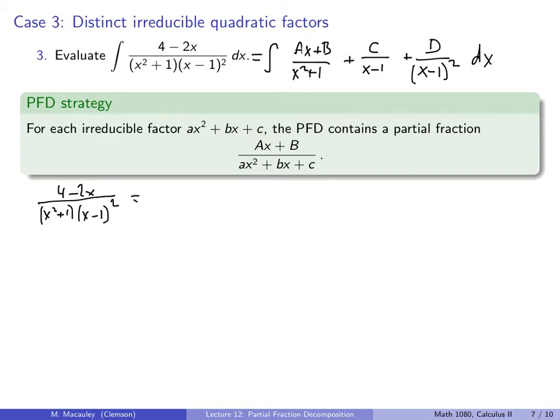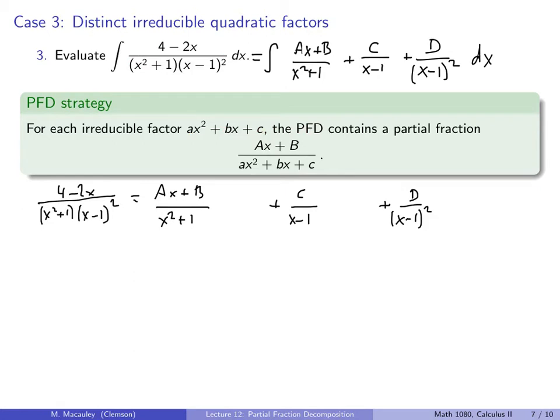And this thing we have to write as ax plus b over x squared plus 1, let's leave a little room, plus c over x minus 1, let's leave a little more room, plus d over x minus 1 quantity squared. So I've got to rationalize this denominator.